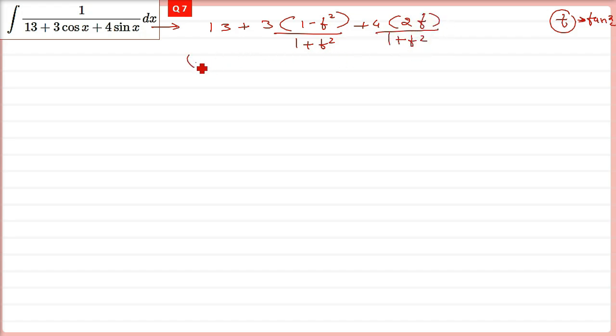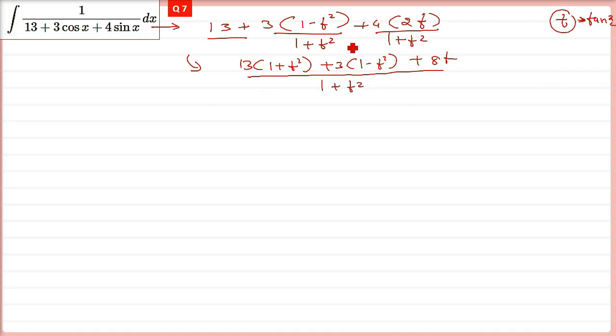So let's take the LCM now. 13 into 1 plus tan square x by 2, plus 3 into 1 minus tan square x by 2, plus 4 into 2t, which is 8t, divided by 1 plus tan square x by 2. Please remember this was just the denominator. It was already having 1 on the upstairs part.